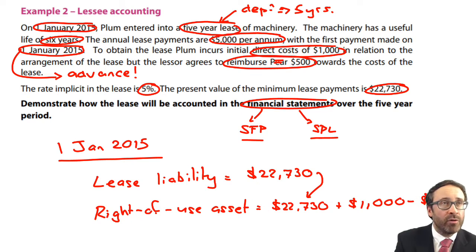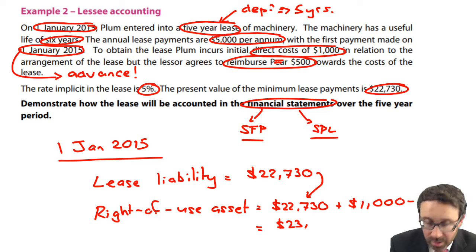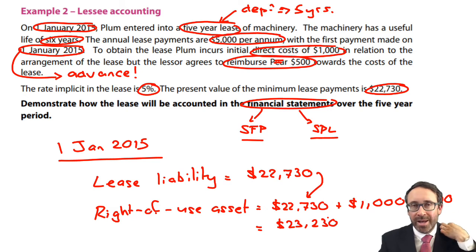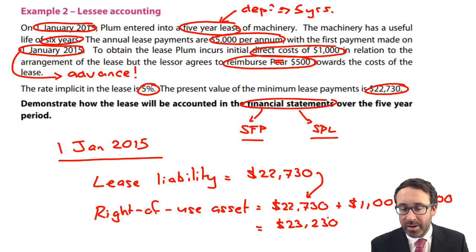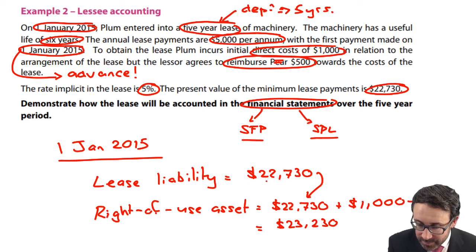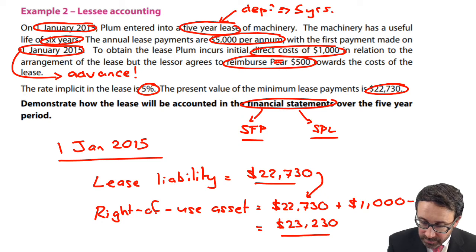We deduct the 500. And if my mental arithmetic is right, is it 23,230? So that's, if you like, your initial treatment, isn't it? You've got a lease liability on the SFP of 22,730, and then a right of use asset of 23,230.